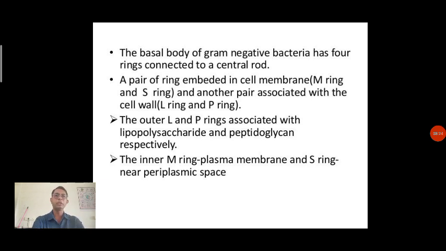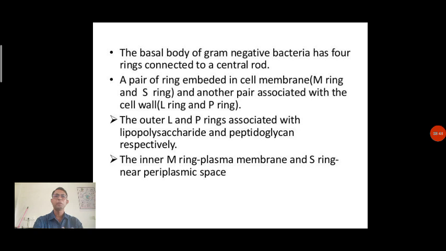The basal body of gram-negative bacteria has four rings connected to the central rod. So when we observe this central rod, you can see that there are four rings connected to the basal body. A pair of rings embedded in the cell membrane, the M ring and S ring, and another pair associated with the cell wall, that is the L ring and P ring.